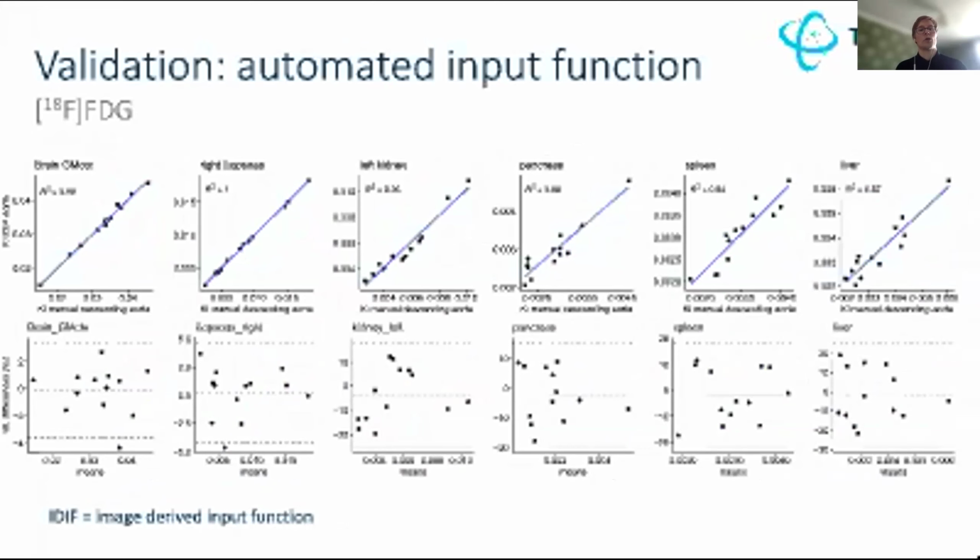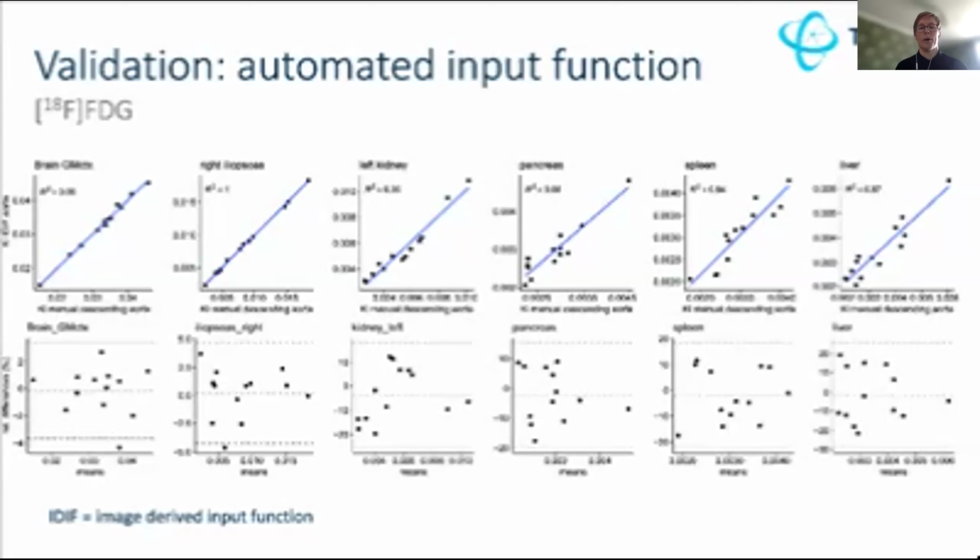And there's also strong correspondence between the manual and automatic inputs in brain and muscles and in heart in FDG data. But the correlation is slightly lower in regions with a lower metabolic rate, such as in pancreas and in spleen and in liver. But overall, there's a good agreement between the 2 methods.